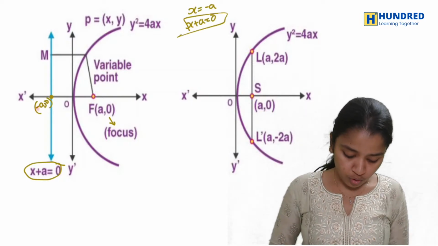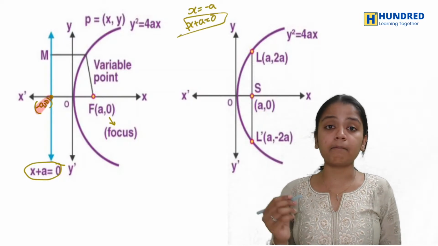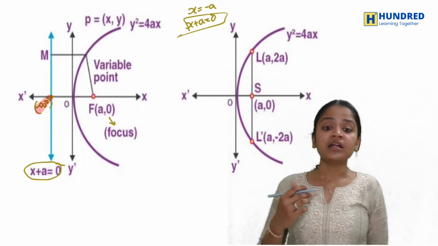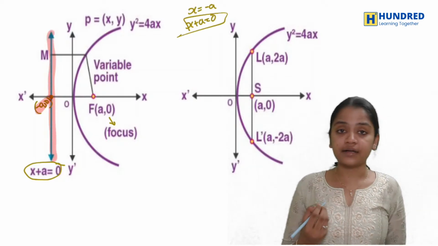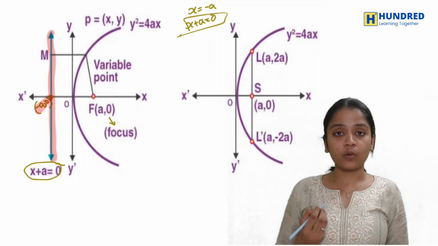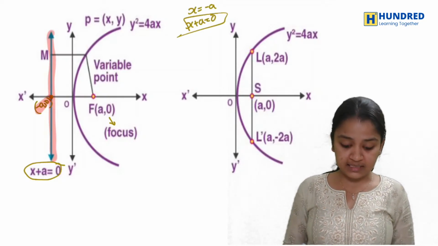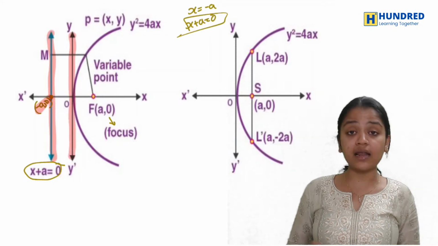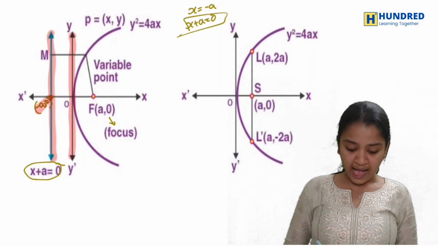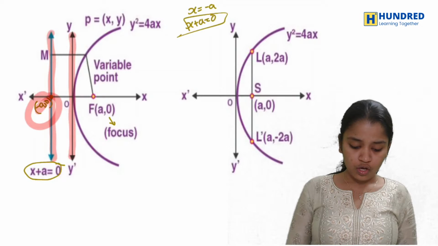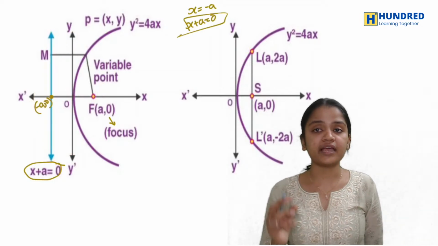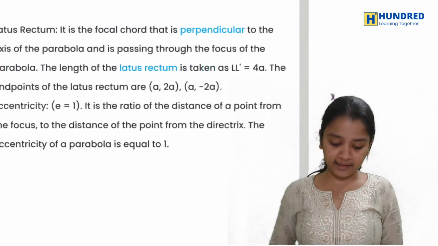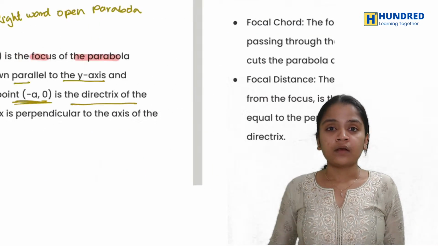This is your minus a comma 0, and this line is your directrix. What does directrix mean? See, I told you it is parallel to your y-axis and it passes through minus a comma 0. Then what do you say? That is your directrix of a what?